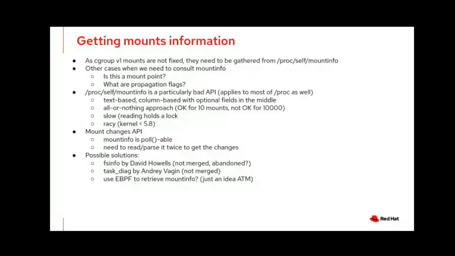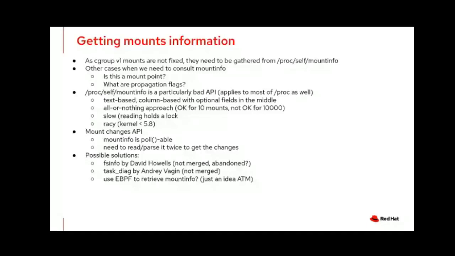If you want changes, you can actually poll the mountinfo, so an event will come if the mounts change, and this is what systemd uses to keep track of what mounts are in the system. Then the poll event is delivered, and systemd has to reread the whole mountinfo and parse it again just to figure out what the changes were.